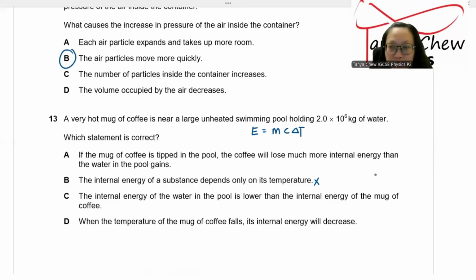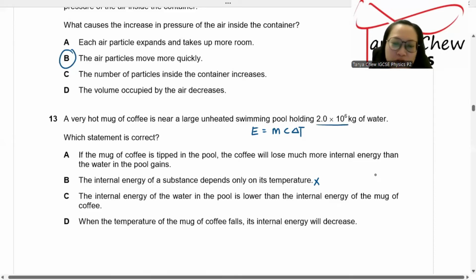The heat would transfer out from the coffee to the water in the swimming pool, so that is why there is a change in temperature until the water in the swimming pool has the same temperature as the coffee. So the change in temperature might be higher for the coffee, but the mass of the coffee compared to the mass of the water in the swimming pool is way, way smaller, because the mass of the water in the swimming pool is 2 times 10 to the power of 6.